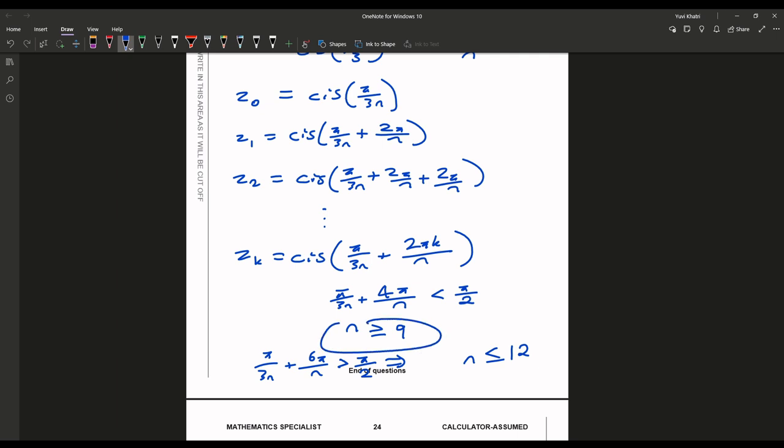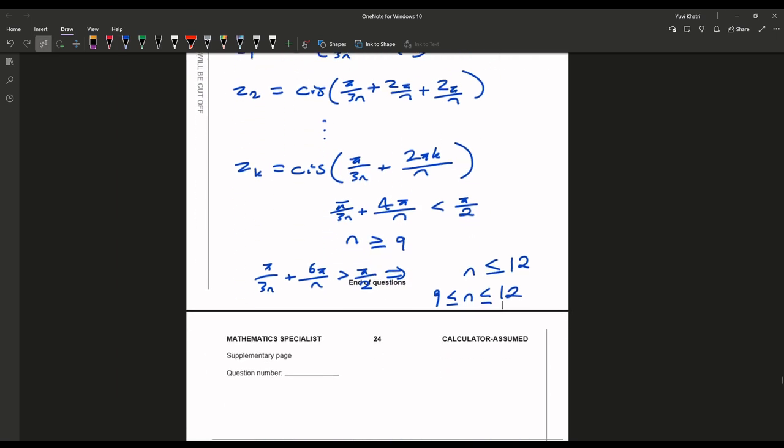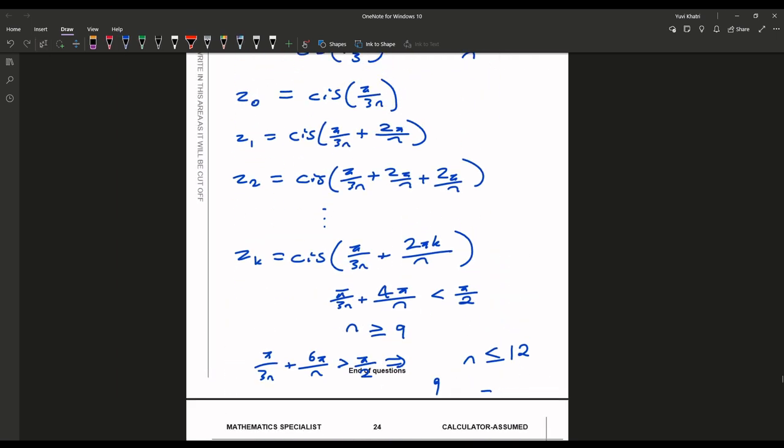So we've got n is greater than or equal to 9, and n is less than or equal to 12. If we put these together, we get this. Since n has to be an integer, n can only be 9, 10, 11, or 12. So n equals 9, 10, 11, or 12.